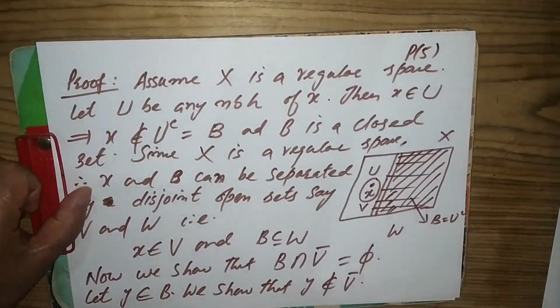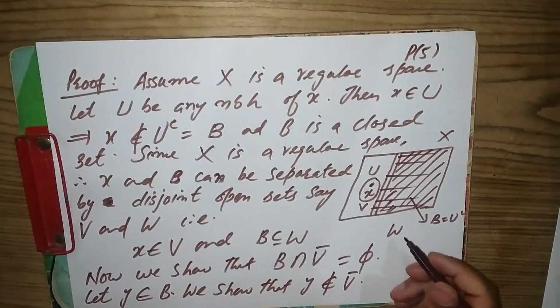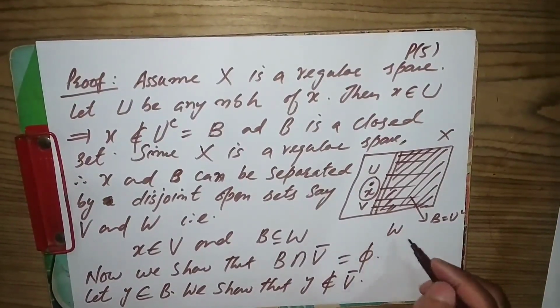So clearly this Y cannot be in V because it's in B, and V and W are disjoint sets.